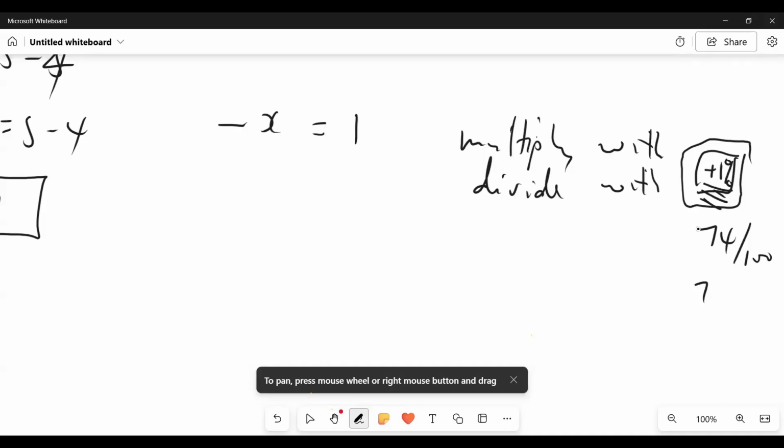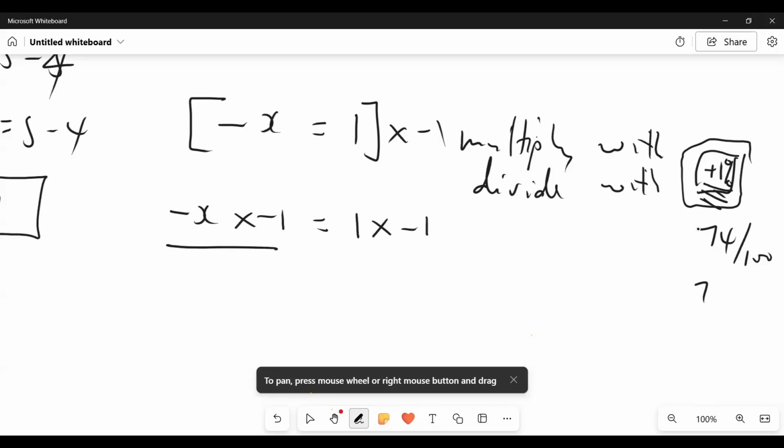Thank you, sir. We usually wouldn't say multiply with or divide with. We say divide by, right? Or multiply by. And we can do either of the two. We can either multiply by -1 throughout, right? So it's the same thing as multiplying this side by -1 and this side by -1, maintaining the balance. This is going to turn out to be x. That's going to turn out to be -1.